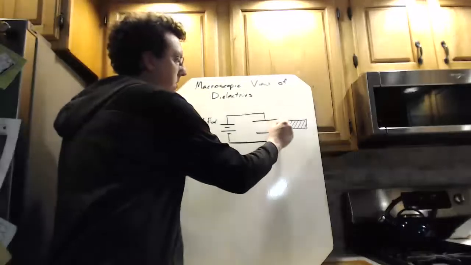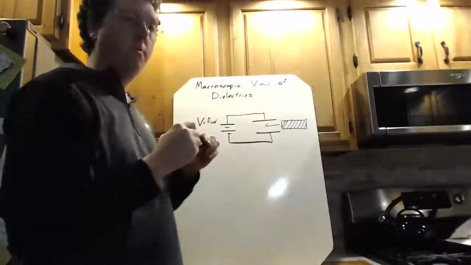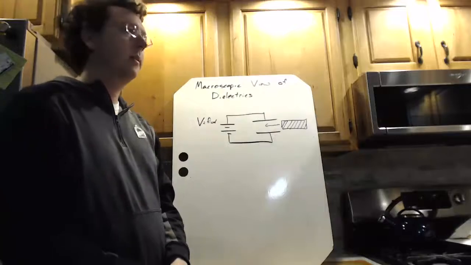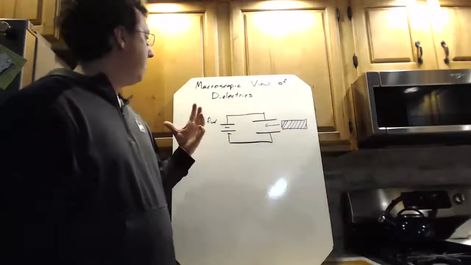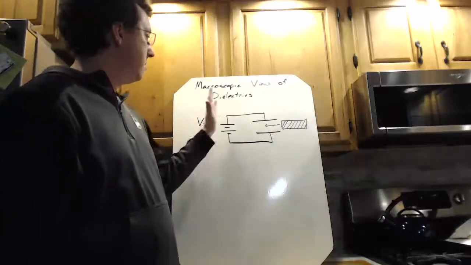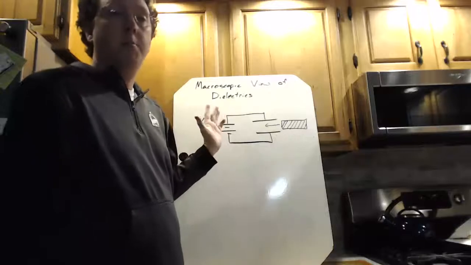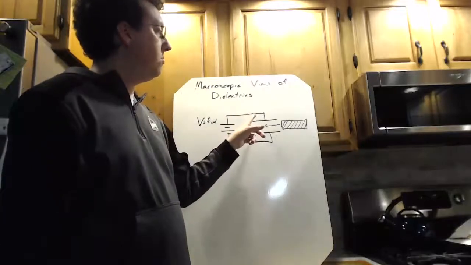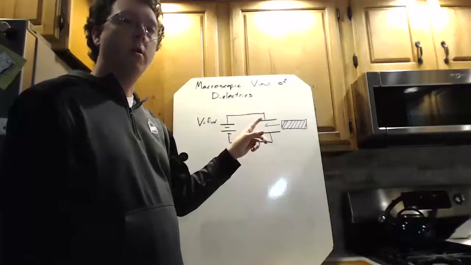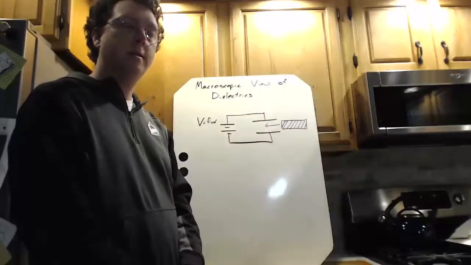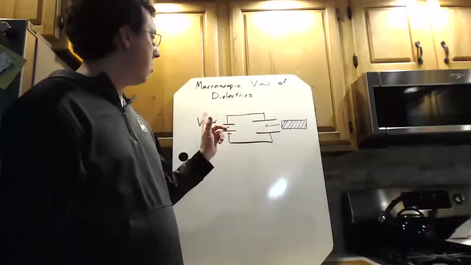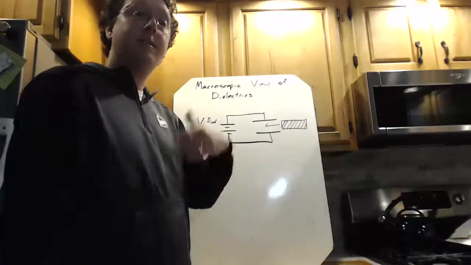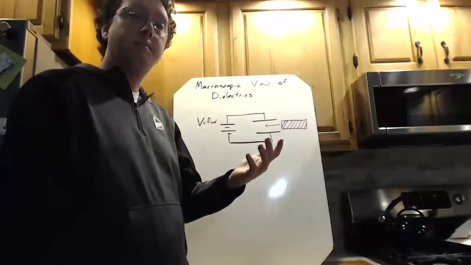And we want to study what happens when we slide the stuff into the capacitor. So what Faraday found was the voltage is fixed. I mean, it's hooked up to a battery, it can't change. But in fact, what happens is that you get more charge on the plates. So you get more charge per unit volt, which means that the capacitance has increased.